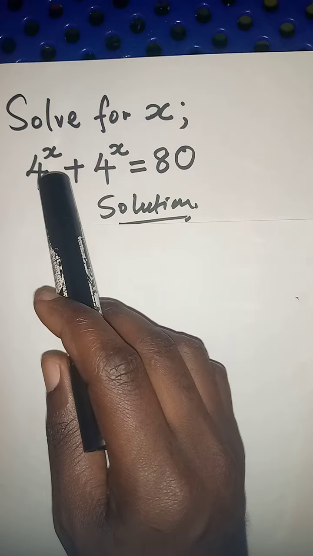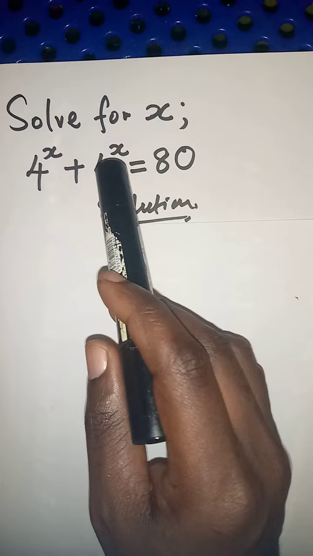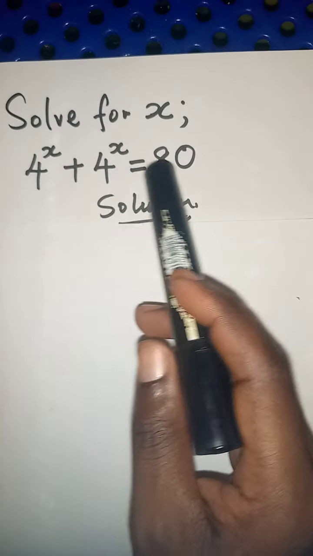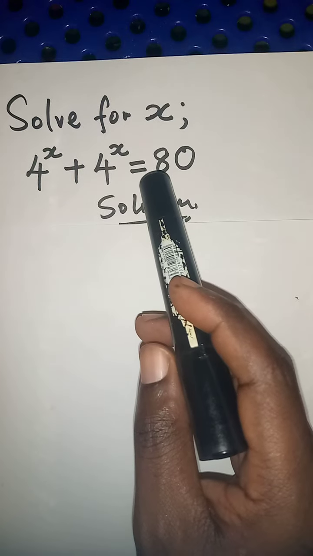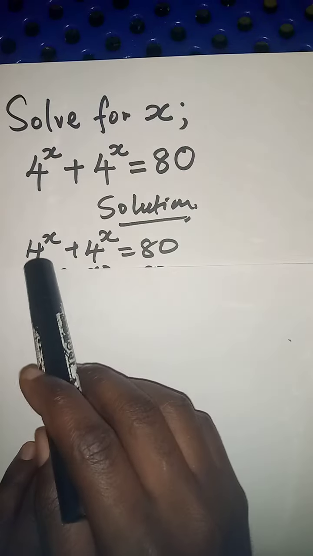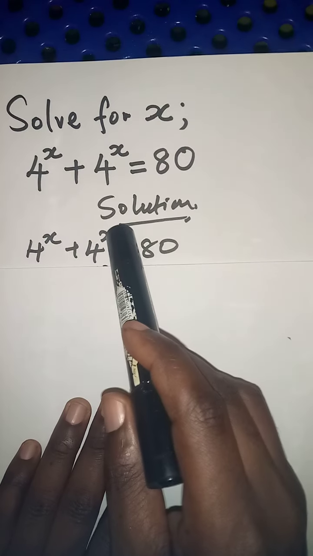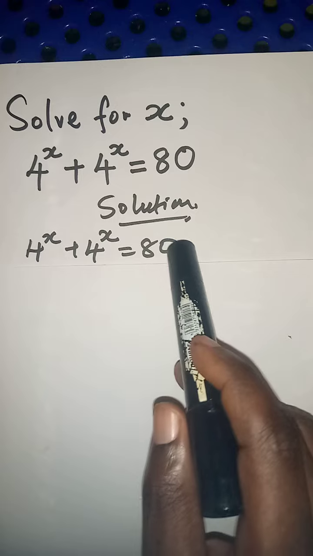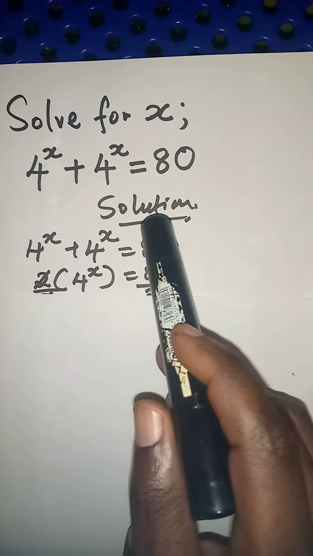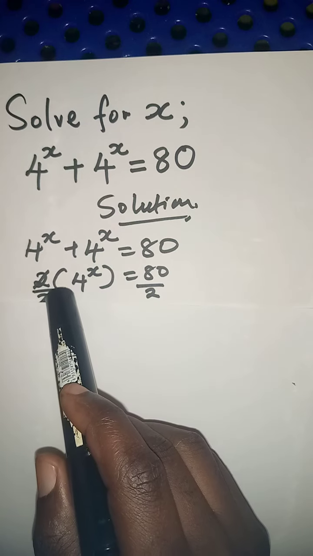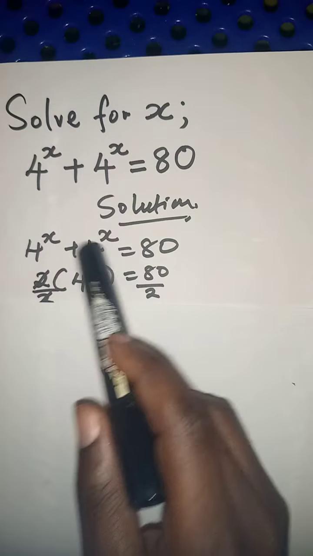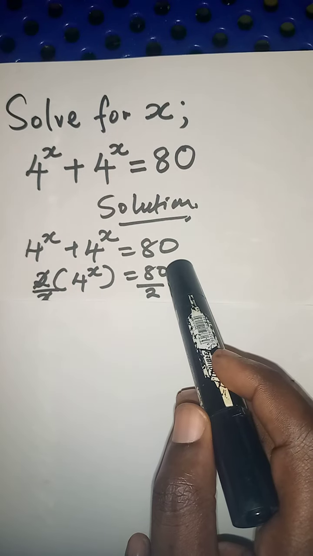If you look at this, it is 4 raised to x plus 4 raised to x. I'm going to treat them as similar terms, equals 80. When you add 4 raised to x plus 4 raised to x, of course you get 2 times 4 raised to x, since they are 2, equals 80.